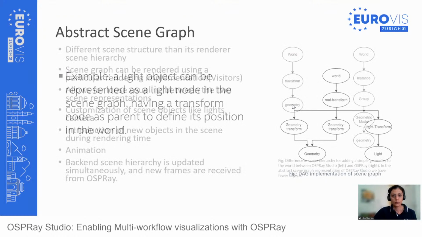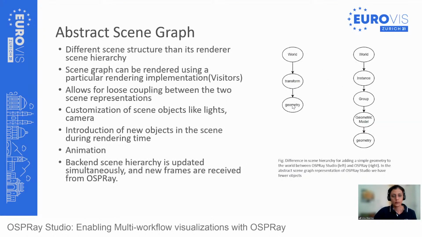So the purpose of the scene graph was basically to keep the scene structure separate from the renderer scene hierarchy. And as you can see, on the left-hand side, we have the scene structure from OSPRay Studio, which is much more coarse than the scene structure from OSPRay, which is more dense and has more objects.